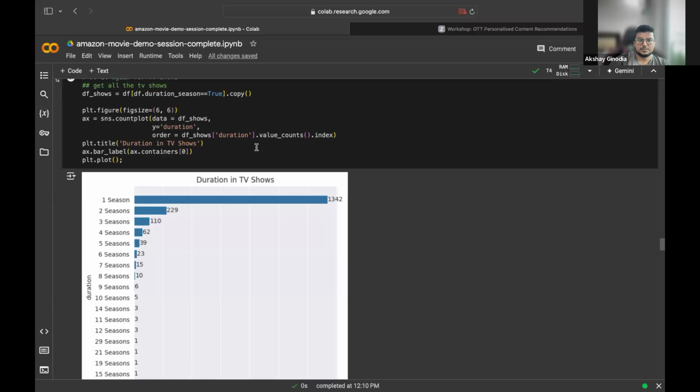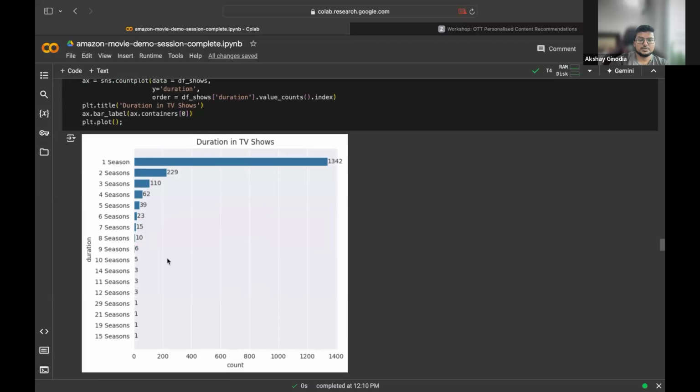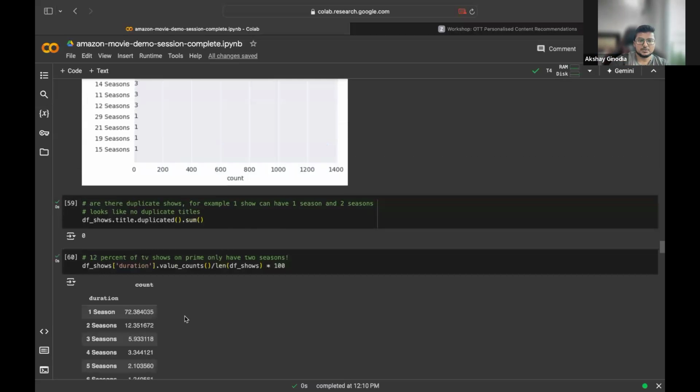This is straightforward because I can just do value counts on the categories, and it shows me most of the TV shows have one season. There are some with two seasons, but it falls off drastically as we go to higher numbers of seasons. So there's only one TV show with 15 seasons, one TV show with 19 seasons, and so on. But this is not ordered correctly. Okay.